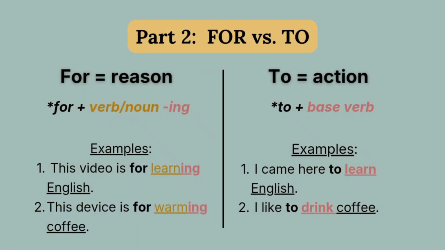Part 2. We use for before a noun or verb that ends in ing. We use to before a base verb. For example, this video is for learning English.